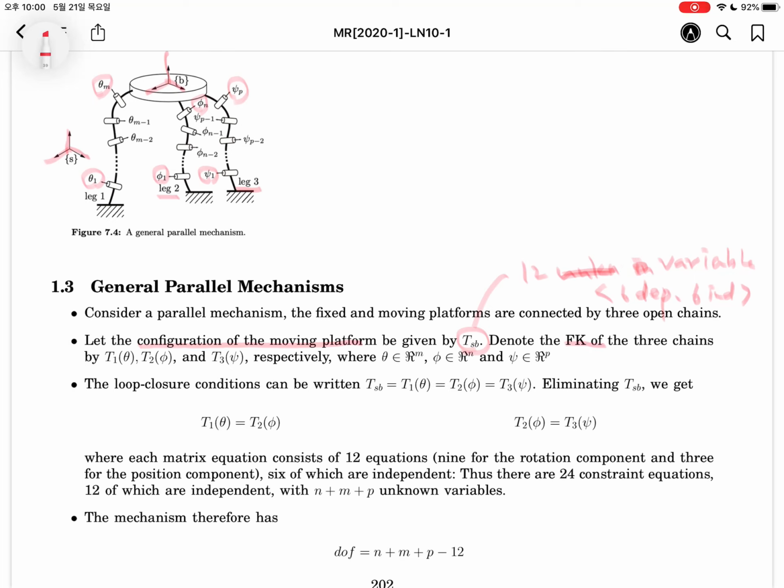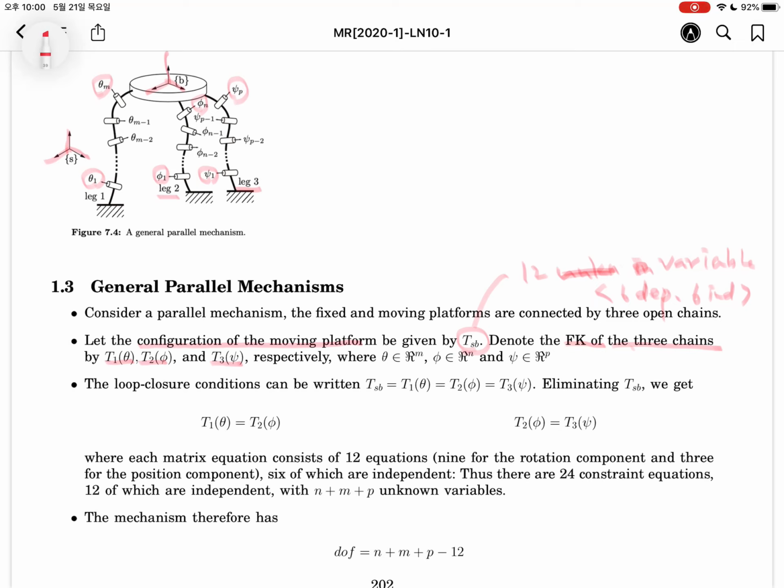Let's denote the forward kinematics of the 3 chains by T1, T2 and T3. By using the POE, we can write down the homogeneous transforms of T1 through T3.